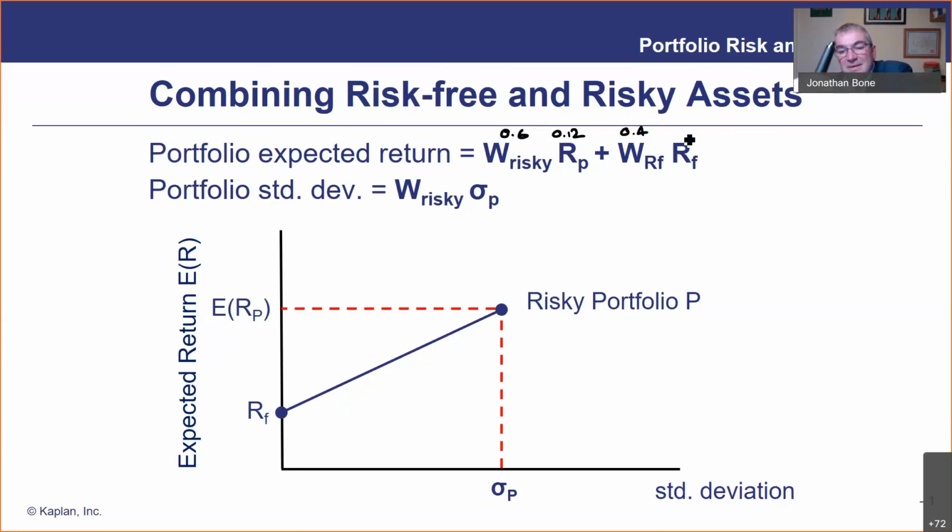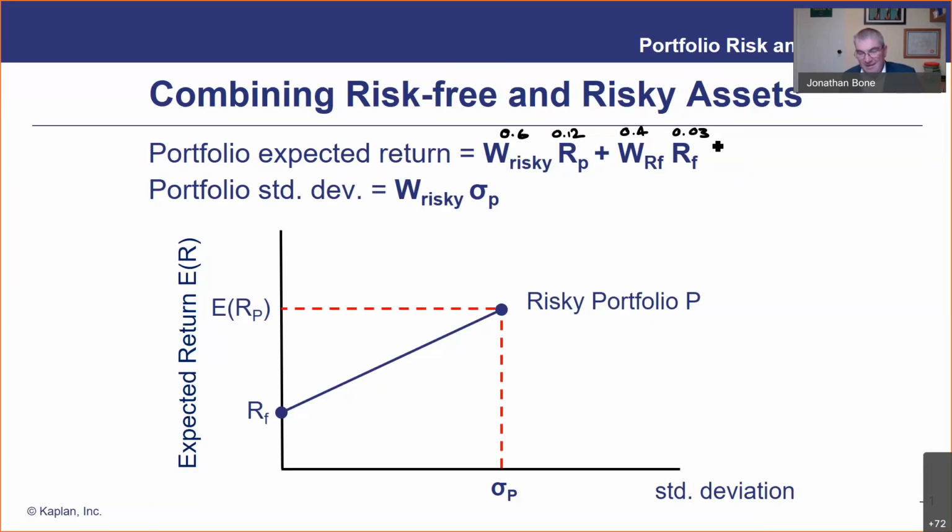Let's say that's got a return of 3%. So I can work out my portfolio expected return very easily. 0.6 times 0.12, that's 7.2%.